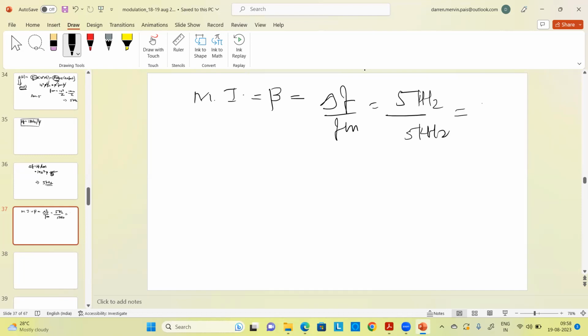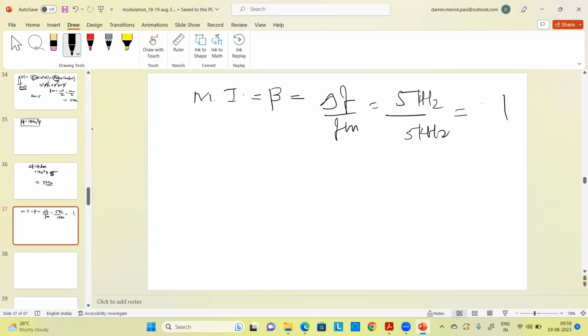So what should beta be? It's 1, isn't it? Okay, excellent. Now what kind of frequency modulation technique is this? This is wideband, isn't it?